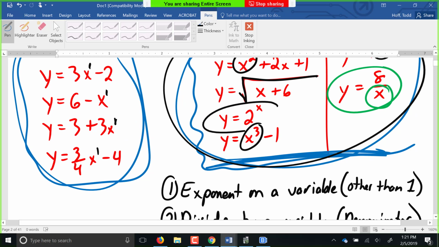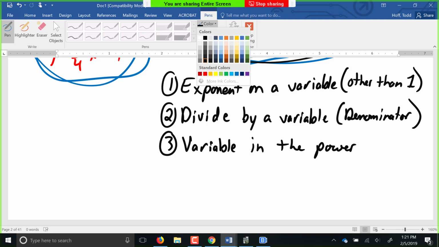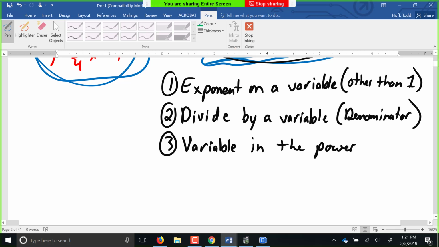The last one, this one here, what's going on there? X is the power of the exponent. So a variable in the power. Notice all of those things have to do with powers.